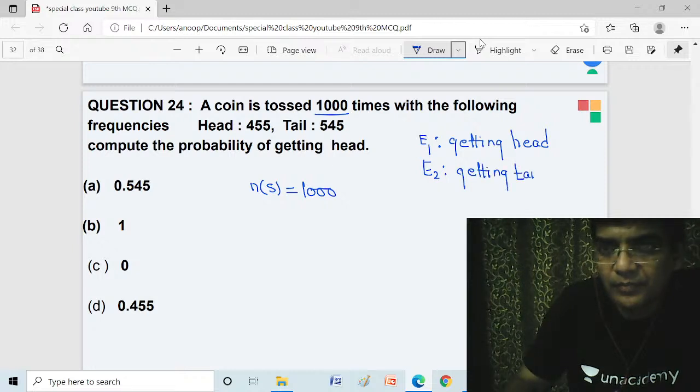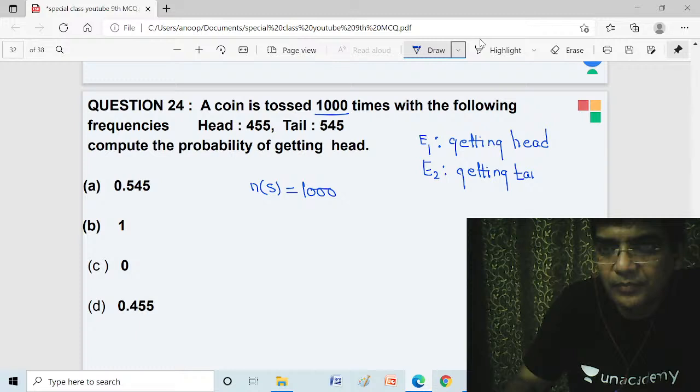For getting head there are 455 chances. So I can say the cardinal number of E1 is 455 and the cardinal number of E2 is 545. Now we have to find the probability of getting head. Getting head means you have to find the probability of E1.